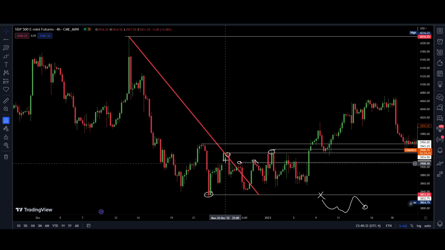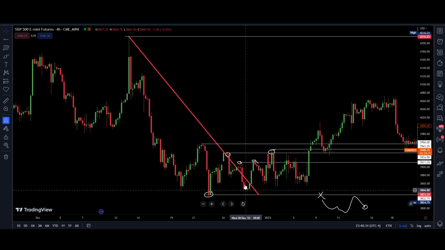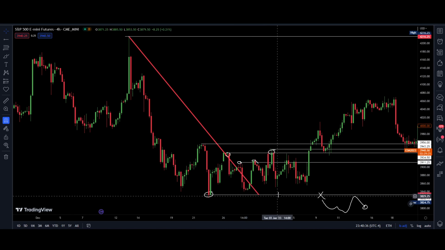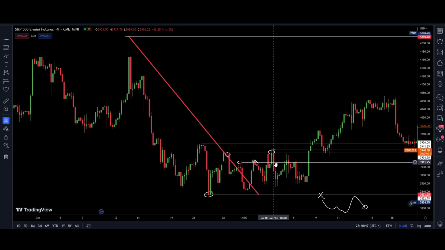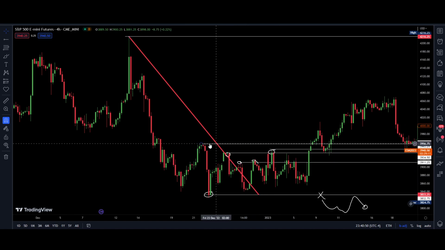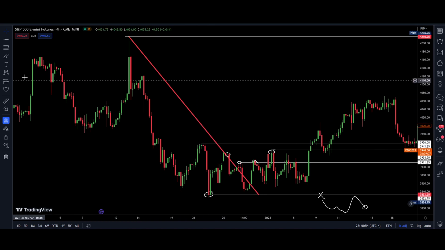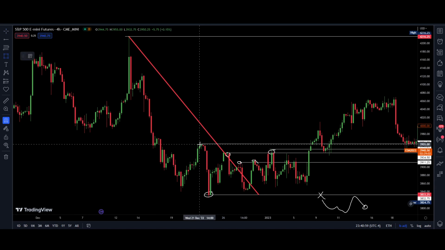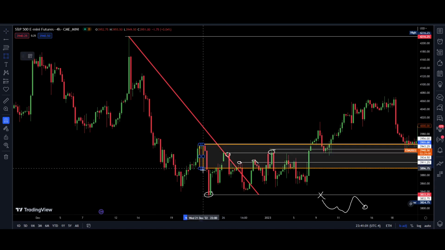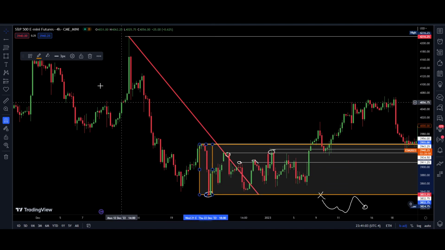So we could say that in the middle of this chunk, since these sellers aren't able to get this, after they try a few times, we can start to lean towards being a buyer. But the safest thing to do would be to wait until they break through all of this and get through here. Because this is important, because it's the high that brought you to the low.